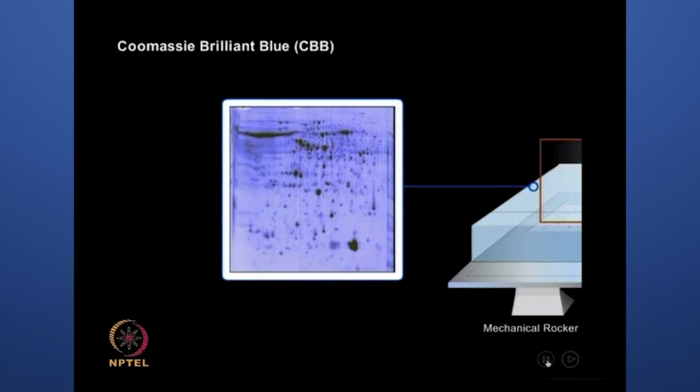The stained gel can finally be viewed as shown in this image here, showing a 2D gel stained with Coomassie brilliant blue, and it can be scanned by using a scanner, and these protein spots can be easily viewed.